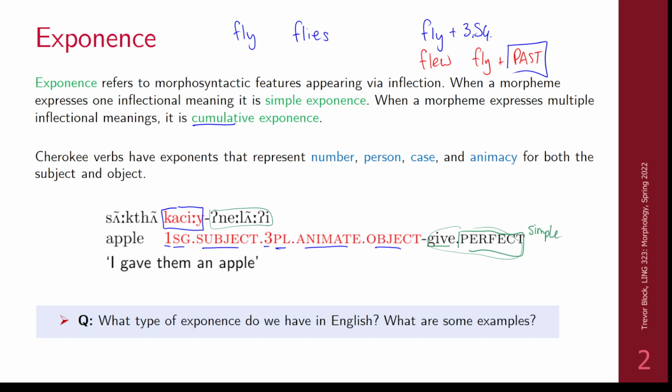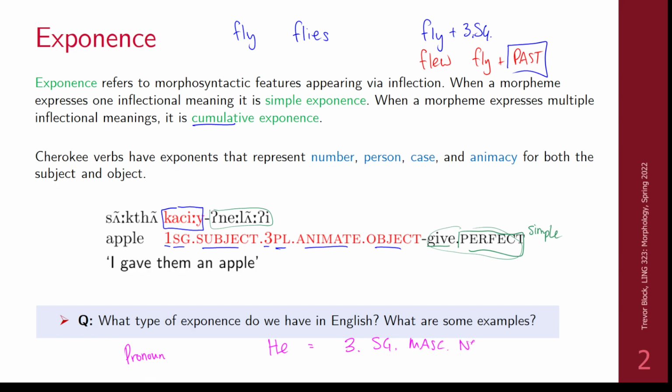So what type of exponents do we have in English? Well, we just saw a nice example up there with flew in the past tense. So we have simple exponents. But we have cumulative exponents as well. For example, any pronoun in English is an example of cumulative exponents. So he, for example, what is in he? Well, it's third person, it is singular, it is masculine, and what else is it?